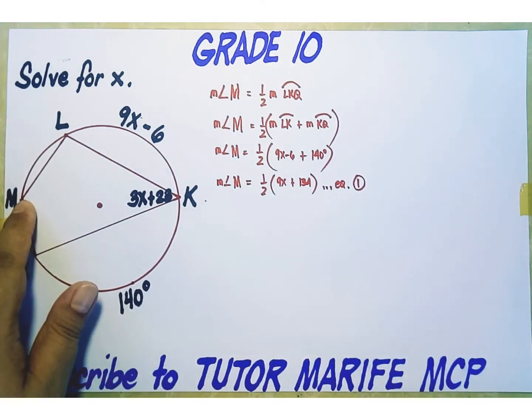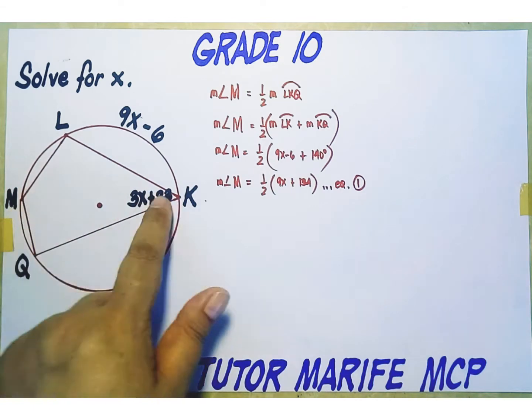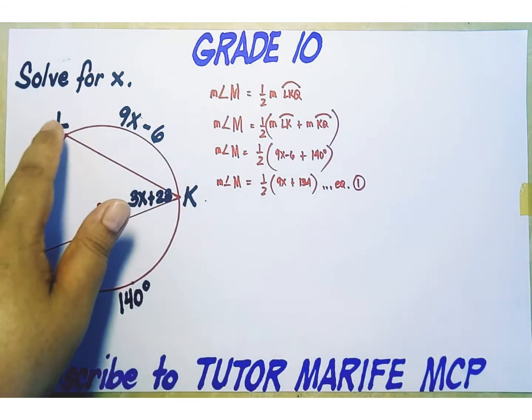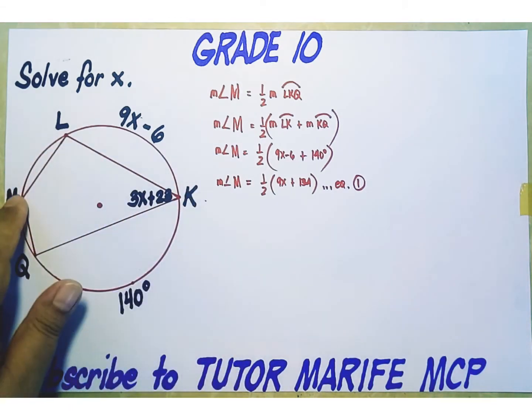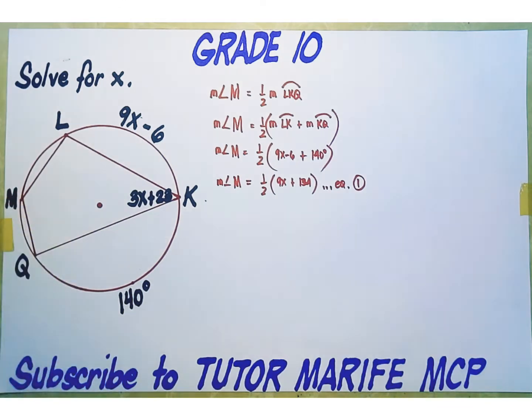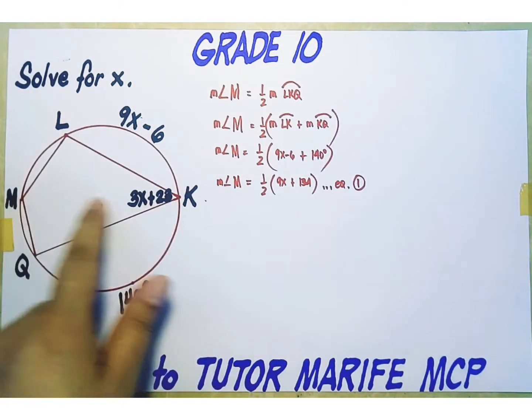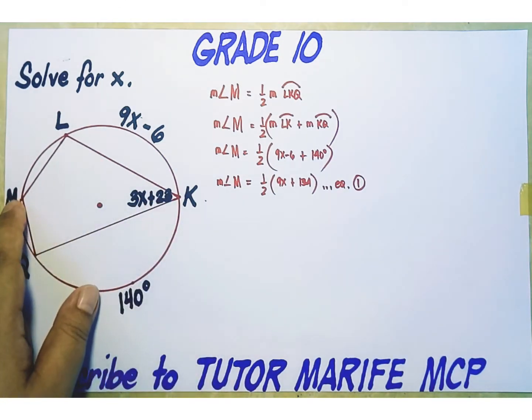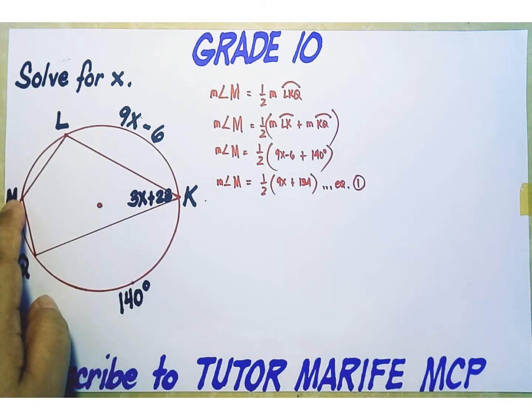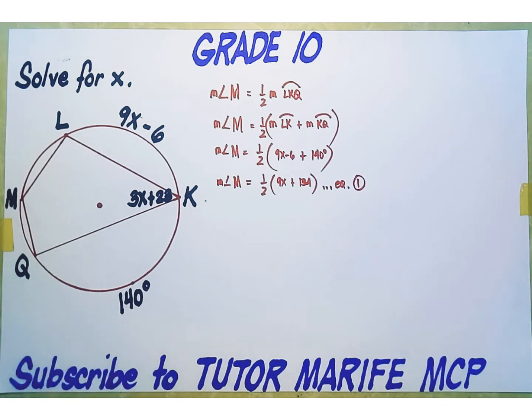Angle M and angle K are opposite angles of the cyclic quadrilateral LKQM. Using the theorem, their sum is equal to 180 degrees. Again, the sum of the opposite angles of a cyclic quadrilateral is equal to 180 degrees.